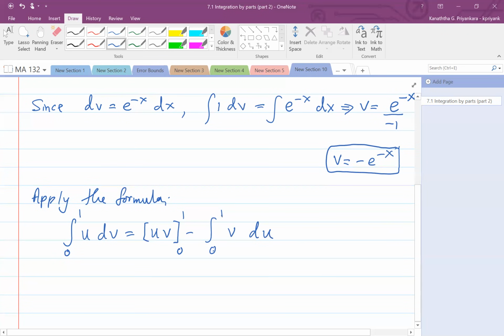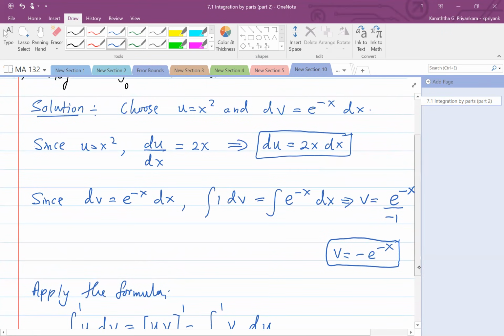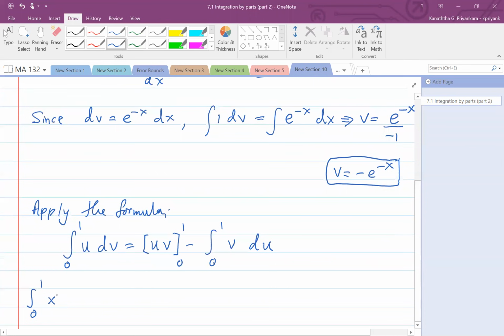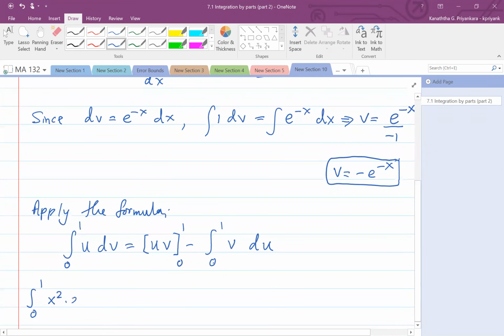Now we can substitute u, v, du, and dv. So we get the integral from 0 to 1 of u, which is x squared, times dv, which is e to the power negative x dx.